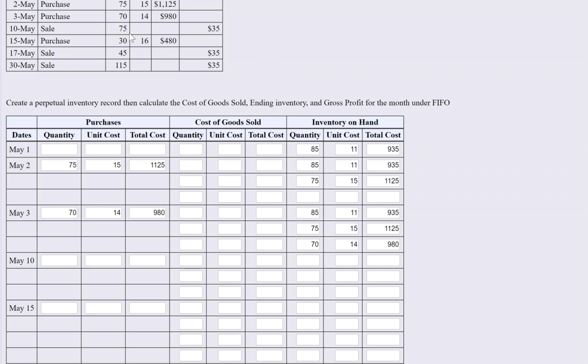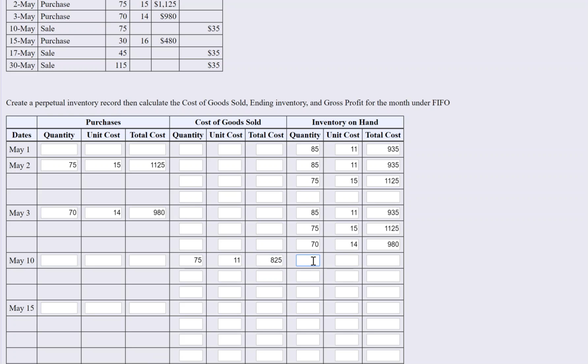So if I'm going to sell 75 units, well, amazingly, I have 85 available for sale. This was the first in, so I'm assuming 75 of those will be the first out. So that means 75 times 11 is 825.